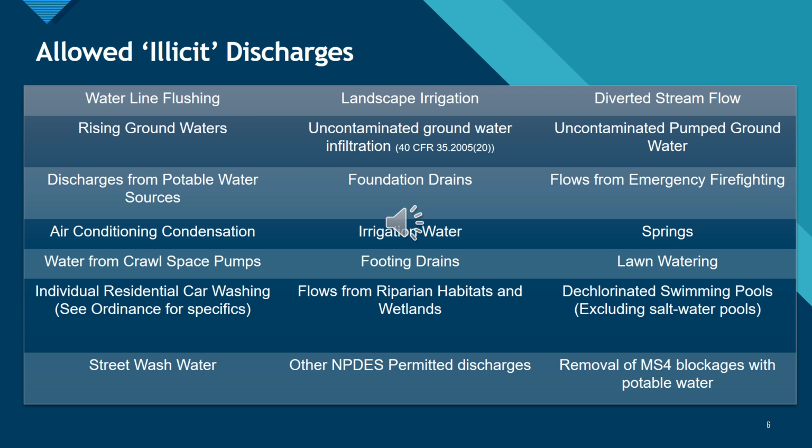They are water line flushing, rising groundwaters, discharges from potable water sources, air conditioning condensation, water from crawl space pumps, individual residential car washing, street wash water, landscape irrigation, uncontaminated groundwater infiltration, foundation drains, irrigation water, footing drains, flows from riparian habitats and wetlands, diverted stream flow, uncontaminated pumped groundwater, flows from emergency firefighting, springs, lawn watering, dechlorinated swimming pools, excluding saltwater pools, and removal of MS4 blockages with potable water.